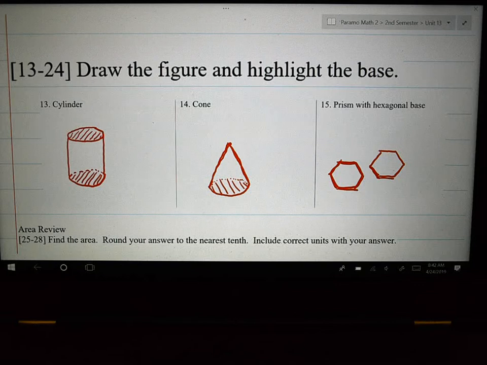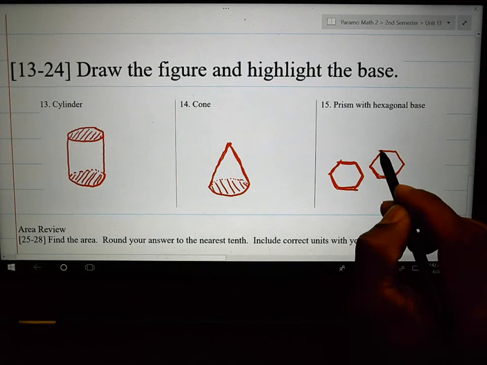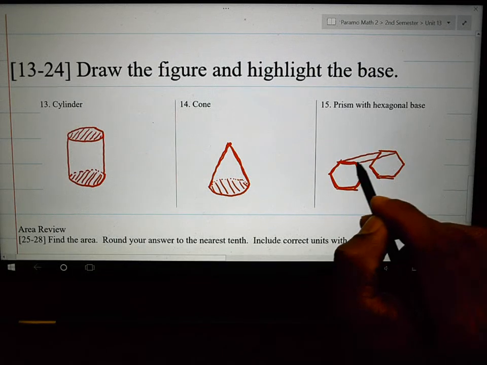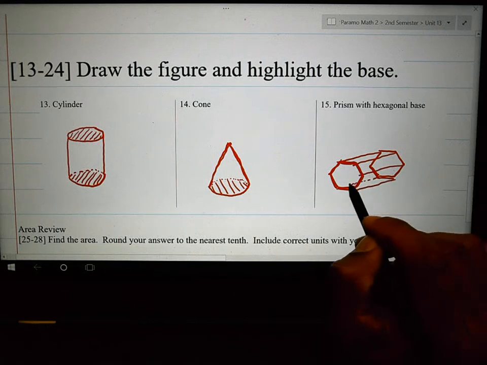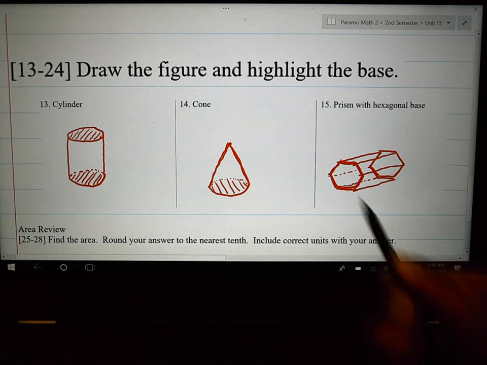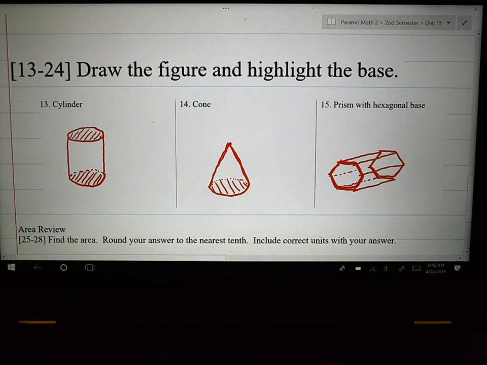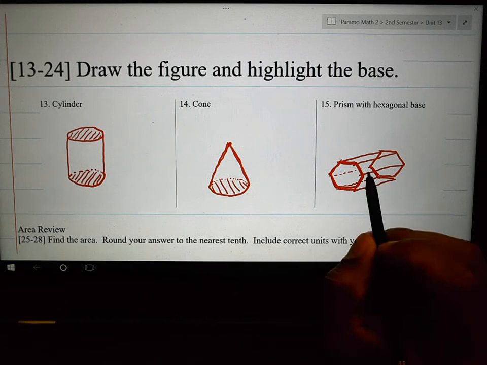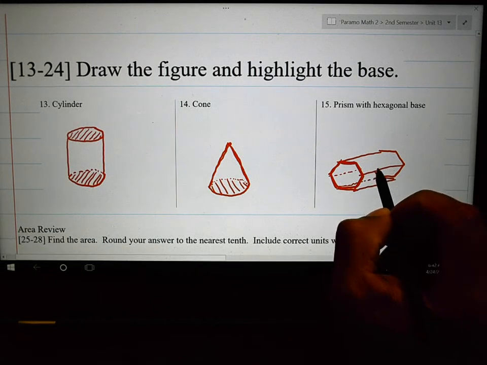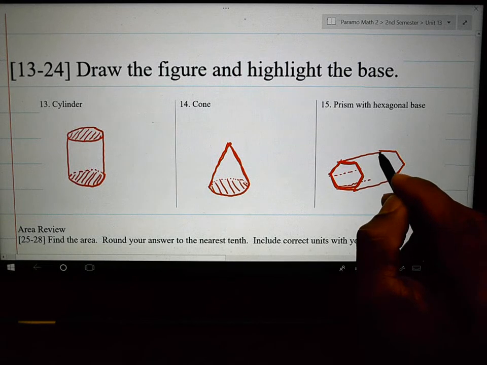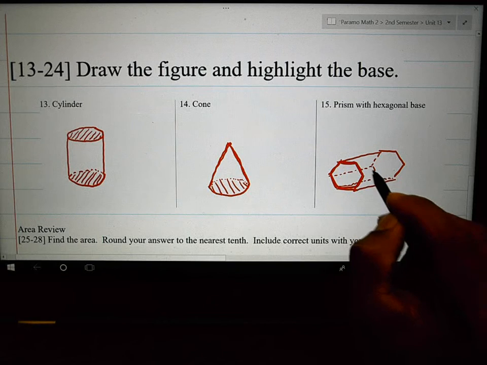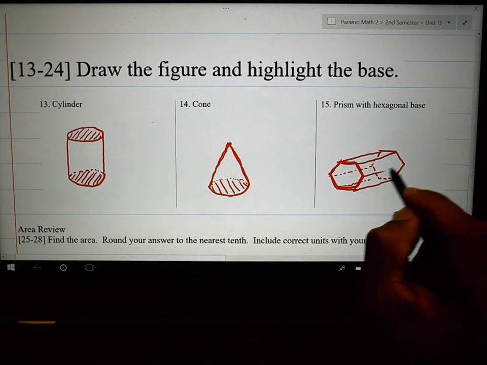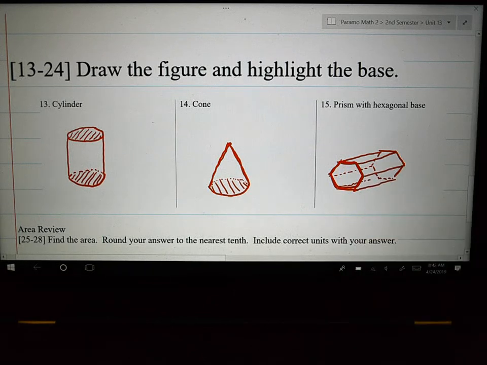And then what I do is I connect top left to top left, top right to top right. If you want to get fancy, that's good enough for me, by the way. That's a hexagonal prism.